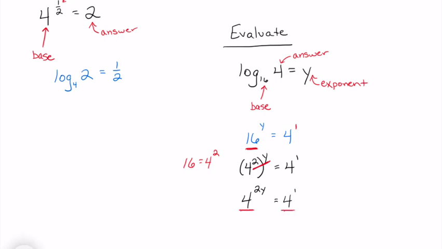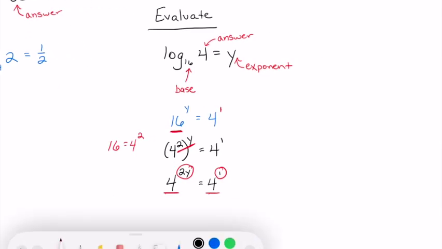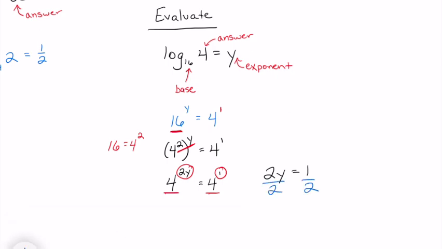If the bases are the same, that means the exponents must be equal to each other. So that means 2y must be equal to 1. So let's solve for y. Divide both sides by 2. And we end up with y equals 1/2. 0.5 is okay. We'll leave it as y equals 1/2.